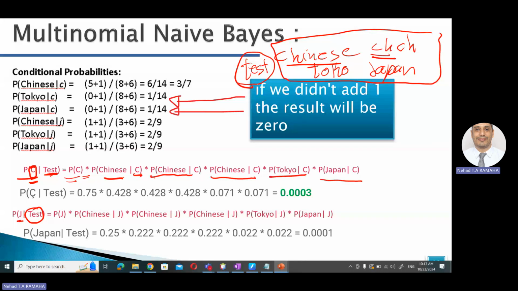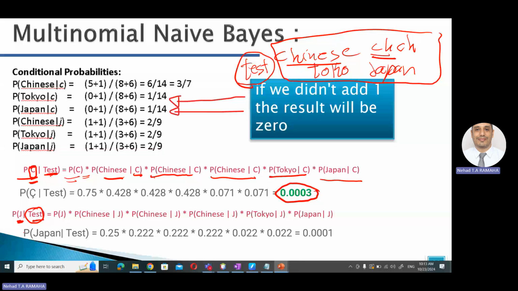Same issue, we will go for probability of K. K means Japan here, yes. But we make it J, need to differentiate between the class Japan and the word Japan, okay?